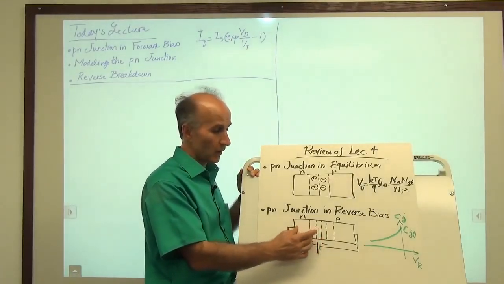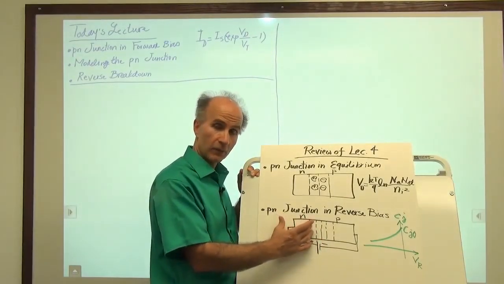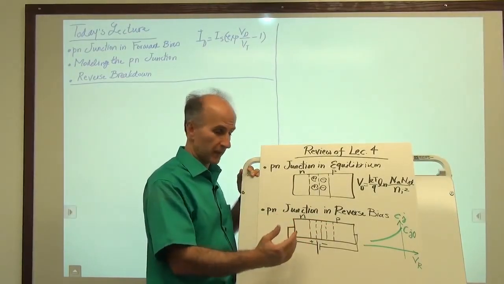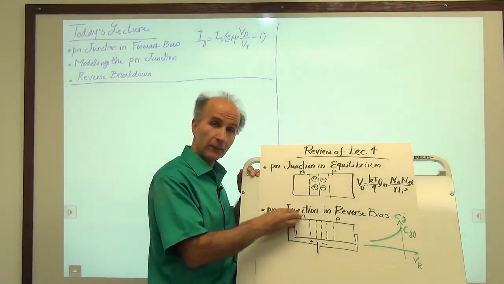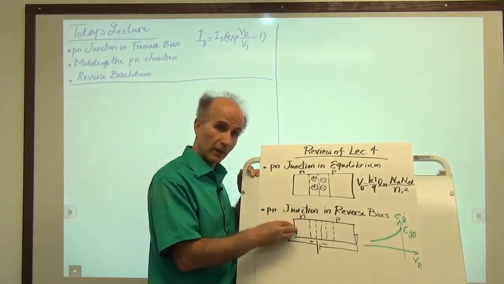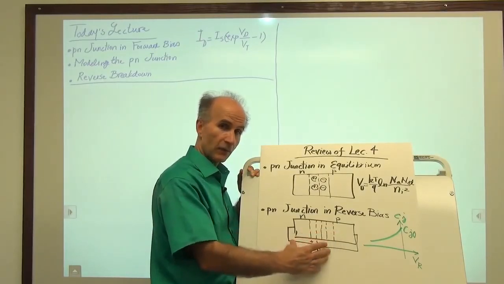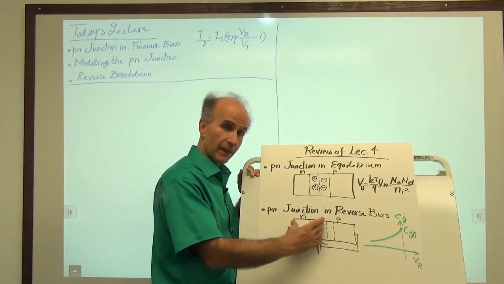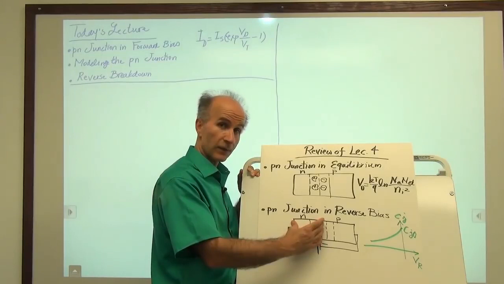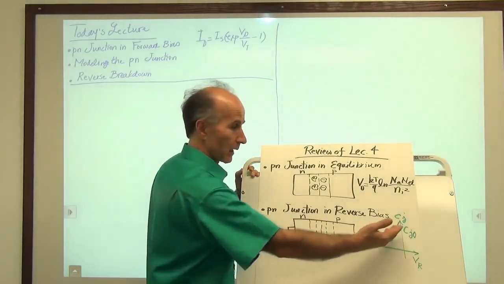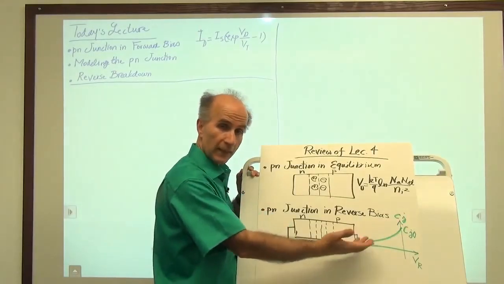So we saw that we can establish an analogy between what we have here and the capacitor with two plates. One plate is this conductive material here, and the other is this conductive material here. And as we change this voltage, the capacitance associated with this junction changes. And we saw that it has this form as expected.